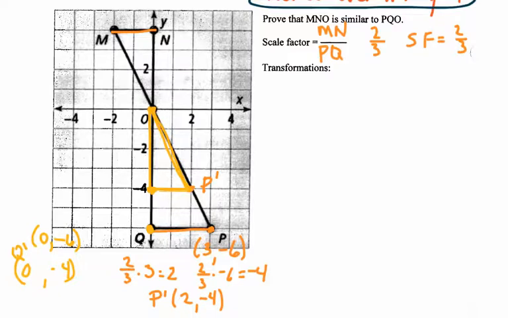Now I have to decide what kind of transformation I need to do to get this image onto MNO. So the first thing I did was a dilation with a scale factor of 2/3. The center was 0, 0.